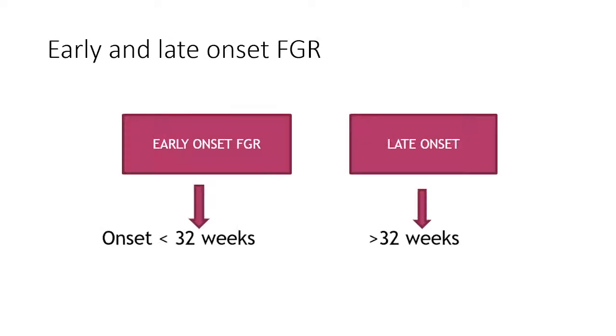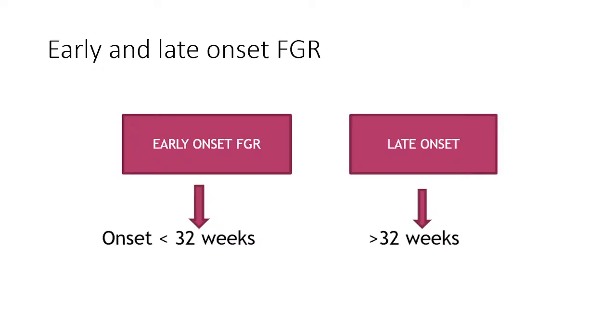Then regarding another two descriptions, one is early and late FGR. Early FGR means onset less than 32 weeks of gestation. Late FGR means onset more than 32 weeks of gestation. So, 32 weeks is a cutoff.